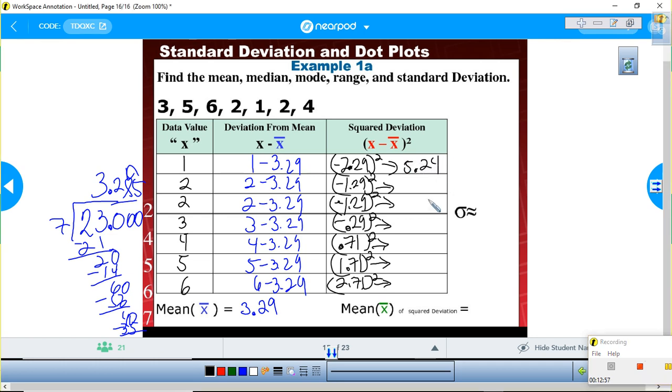Hands if you got that. That is correct. What is negative 1.29 squared? Carlos. 1.14. Hands if you got that. Okay. 1.14.